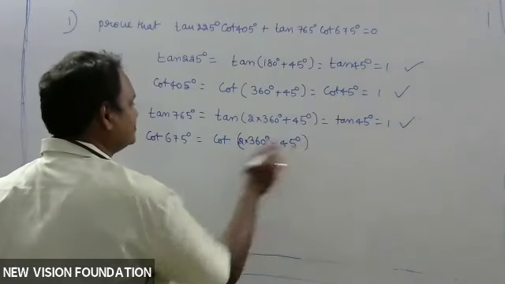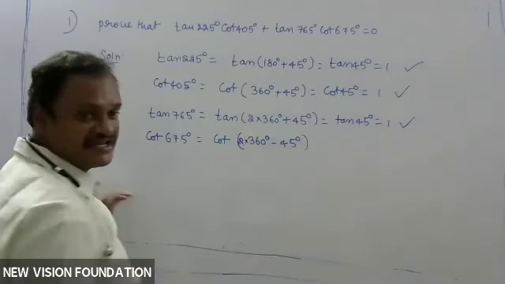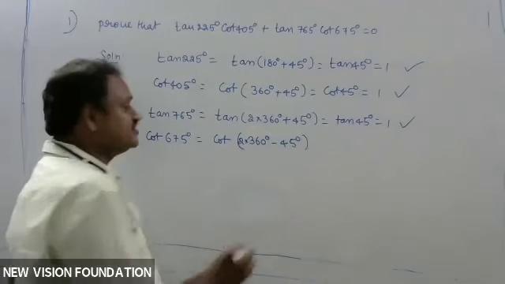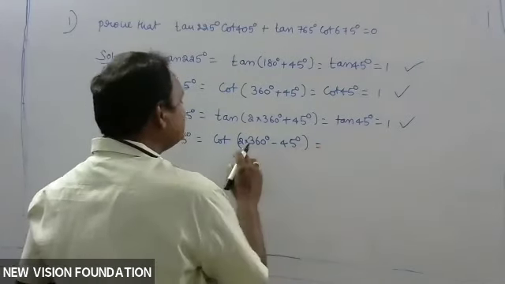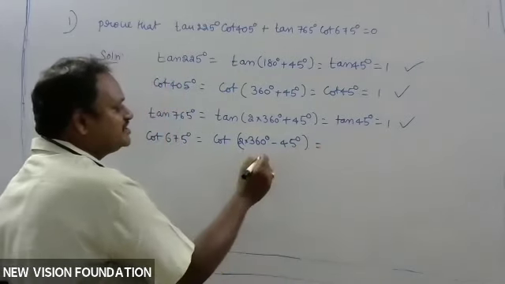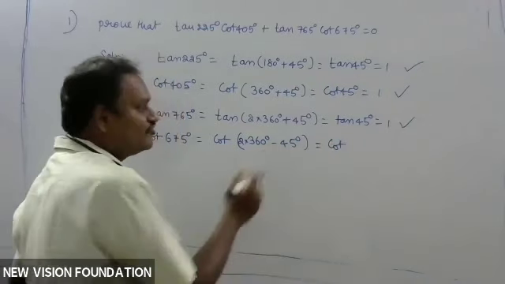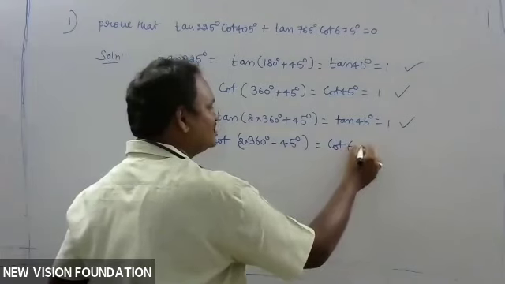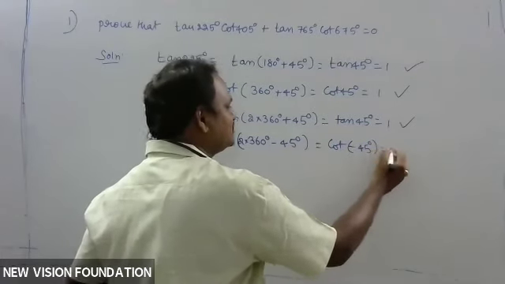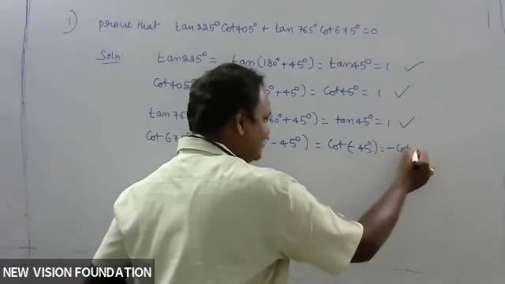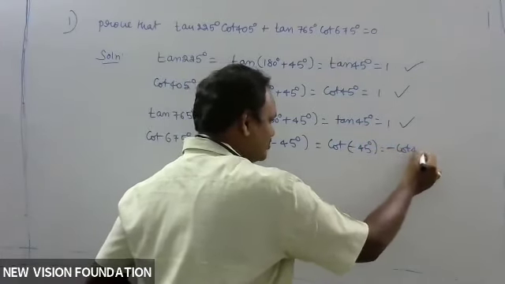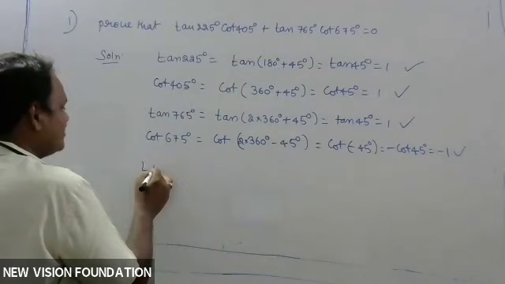This is 720 minus 45 degrees, which will give you this much angle. Now, n into 360 degrees minus theta will give you cot of minus theta, because this is in the fourth quadrant. This is cot of minus 45 degrees, and this is minus cot 45 degrees, which becomes minus 1. Therefore, now let us substitute in the left hand side portion.